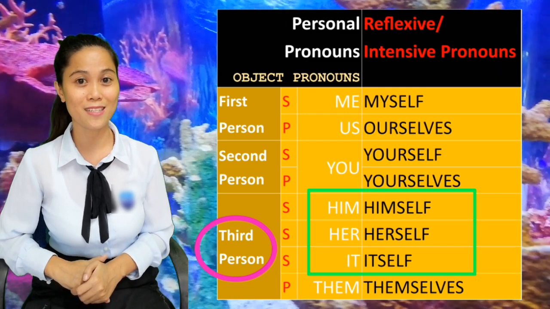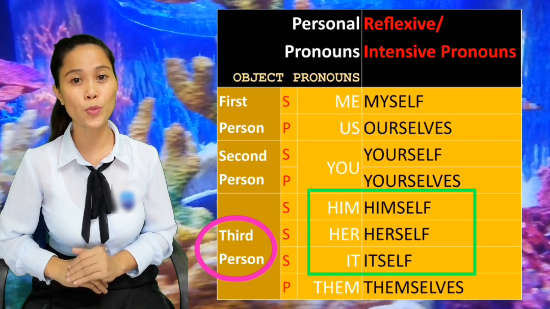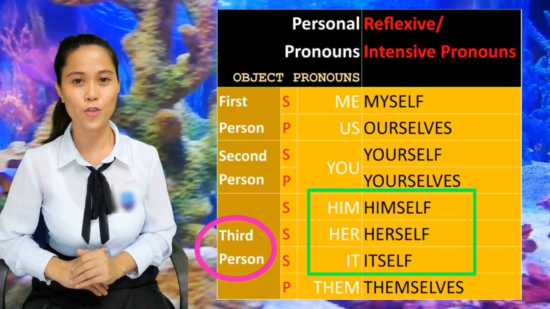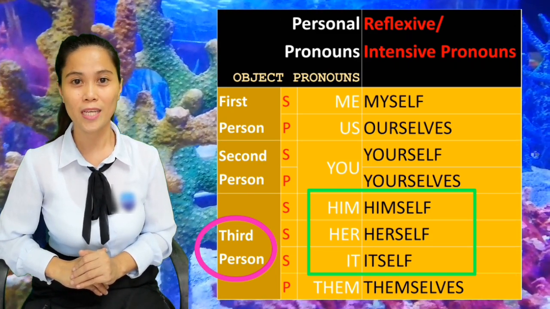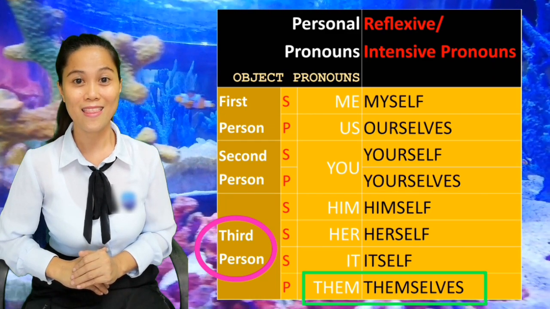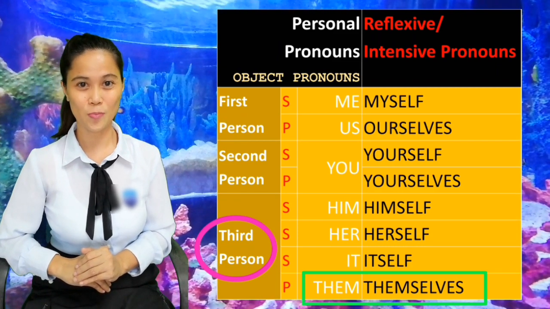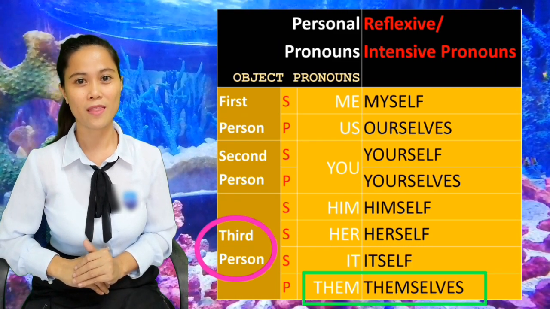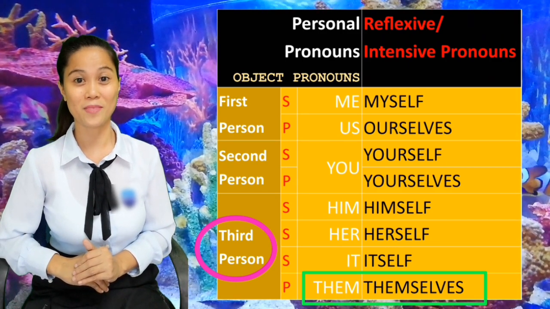You cannot pluralize itself, so it's only itself. If you want to pluralize himself or herself, it only has one plural form, themselves. You cannot say theirselves, because it's opposing singular and plural. Them is plural, selves is plural. Themselves.